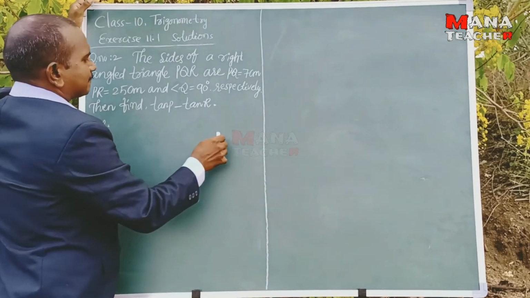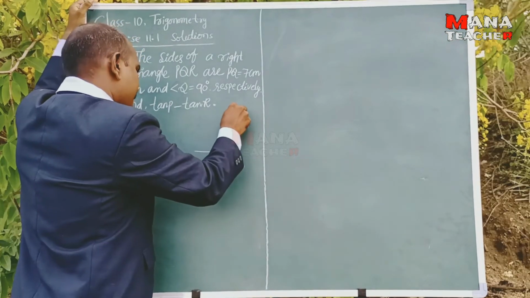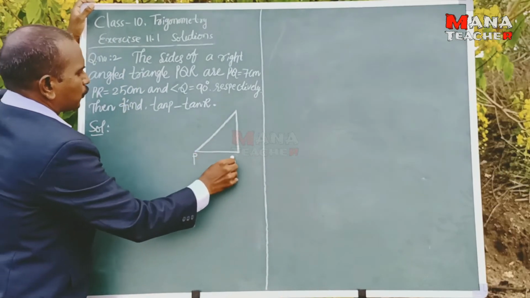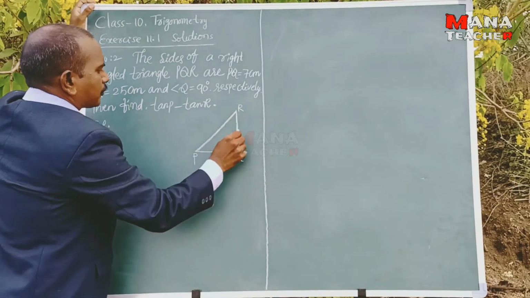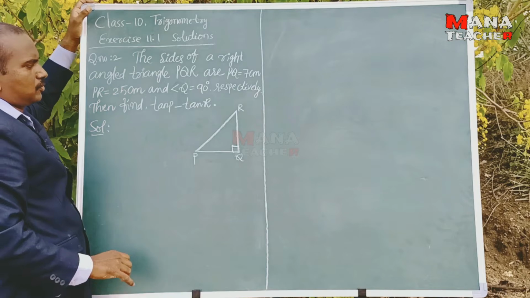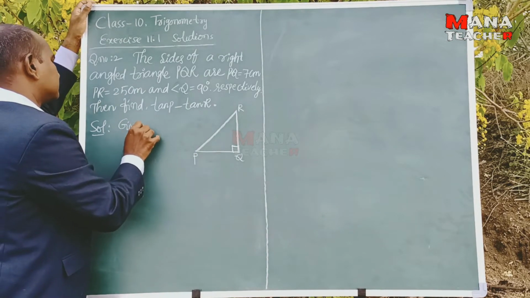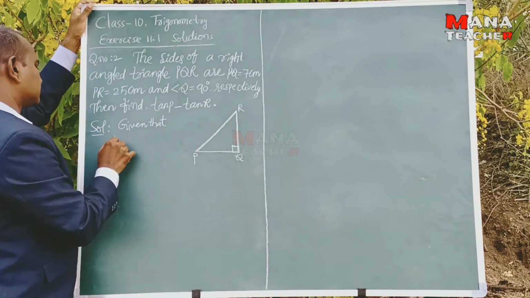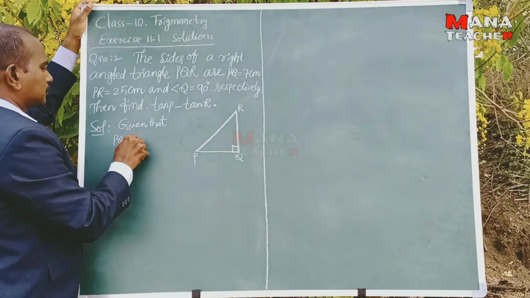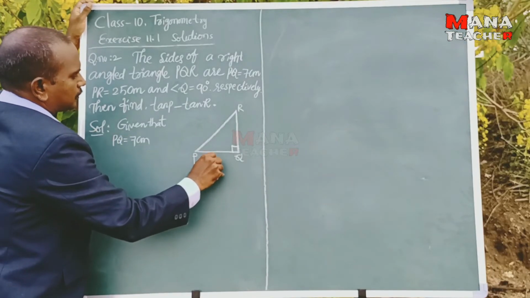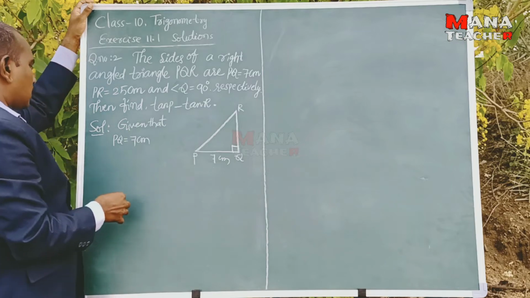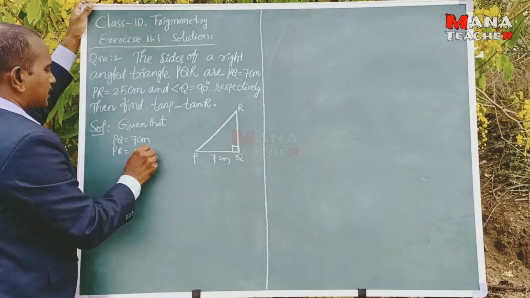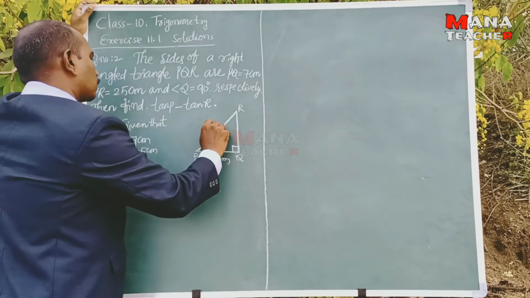First draw the right angle triangle with P, Q and R, with 90 degrees at Q. Given PQ equal to 7 centimeter, PR equal to 25 centimeter.